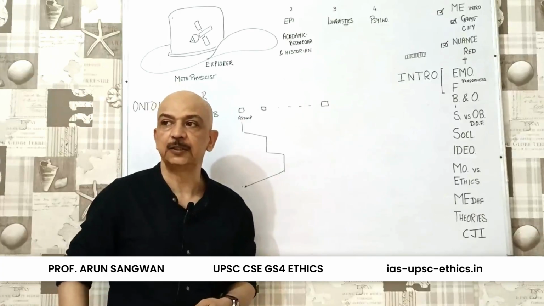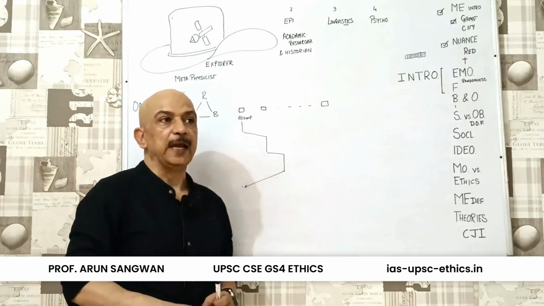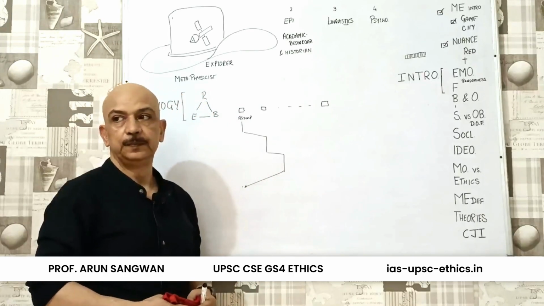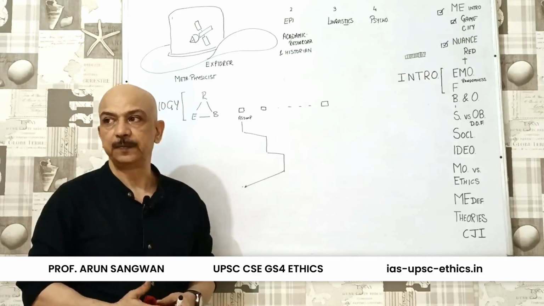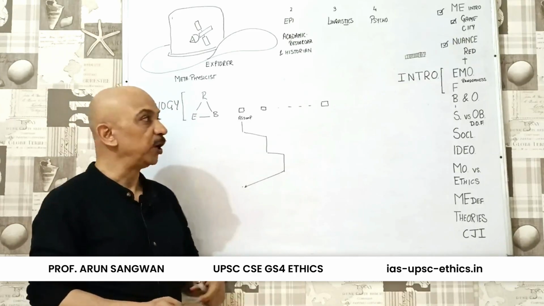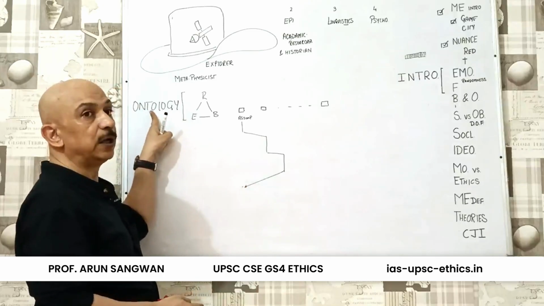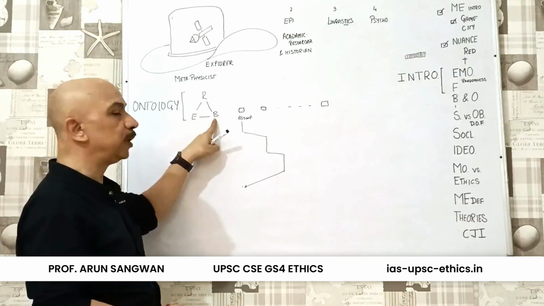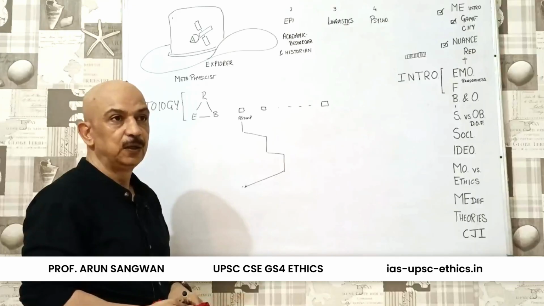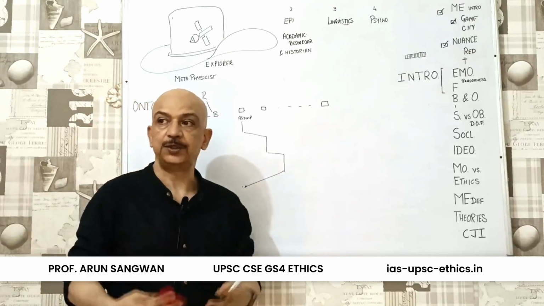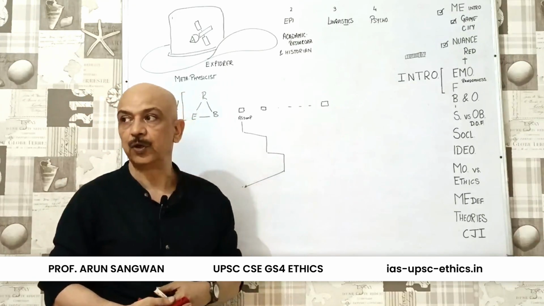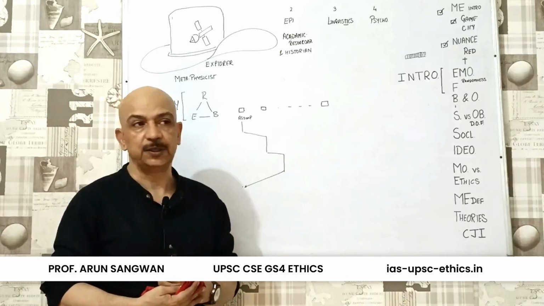This is one of the reasons why candidates score very low in the ethics paper, because they are not crystal clear as to what is the being of the question that is being asked. What is the essence of the question?